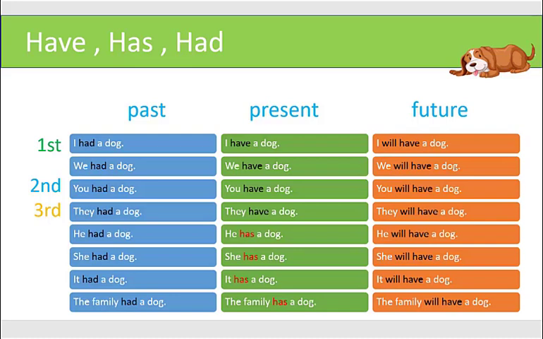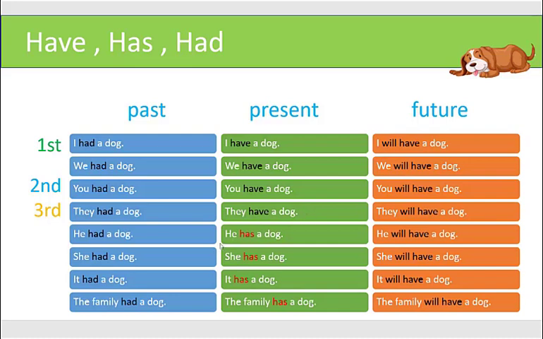If we start with the past tense, we have I had a dog, we had a dog, you had a dog, they had a dog, he had a dog, she had a dog, it had a dog, the family had a dog. When we look at the present tense, it's I have a dog, we have a dog, you have a dog, they have a dog.